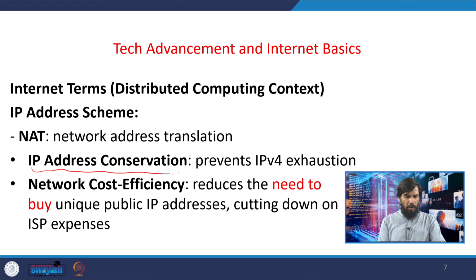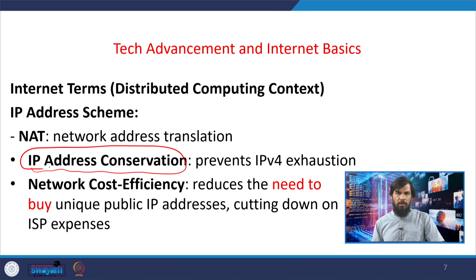So, IP address conservation. In case firms are having certain IP addresses which are more than what they currently require for their immediate business needs, but there is not much chance for them getting or buying new IPv4 addresses, they need to conserve their IP addresses for future uses, right.